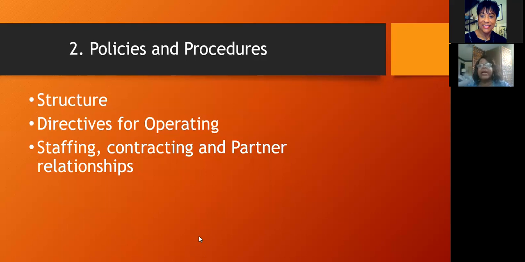Or you may be contracting. You may offer or do RFPs or have some type of partnerships with individuals outside of your direct program.